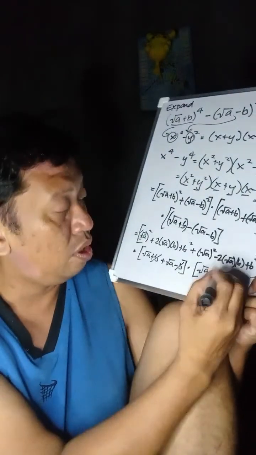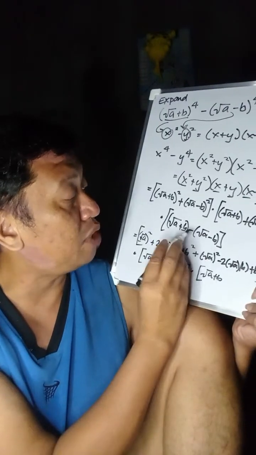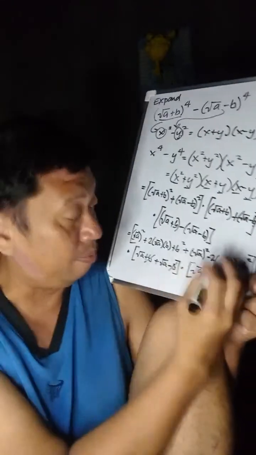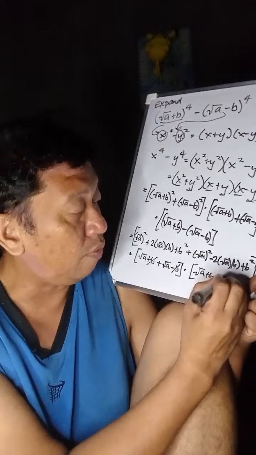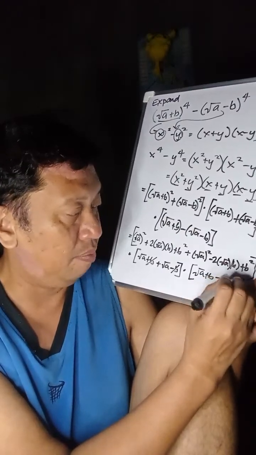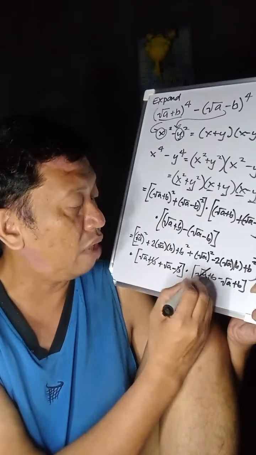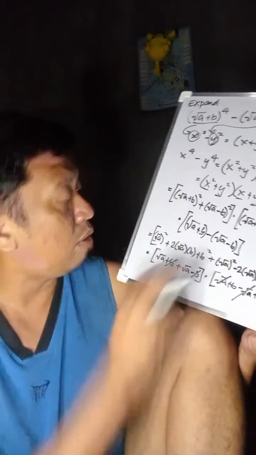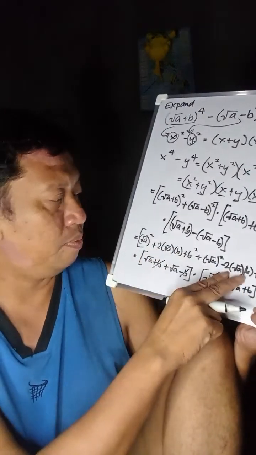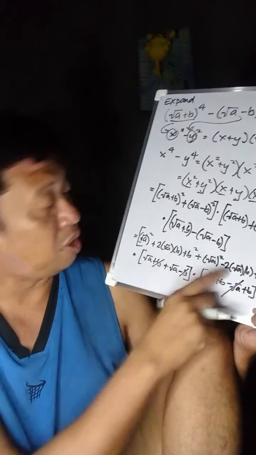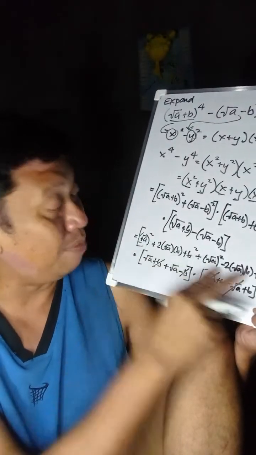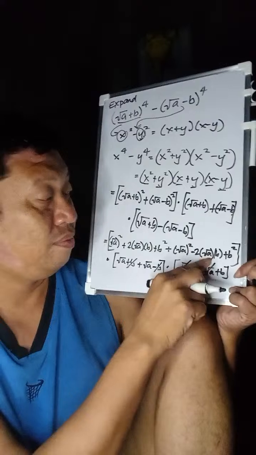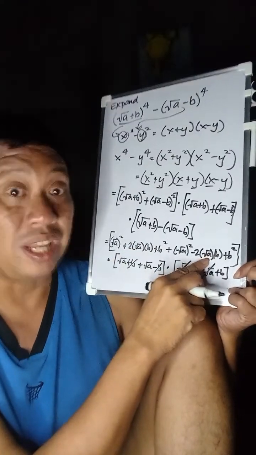Since this is preceded by a negative sign, these two expressions will change their signs. So you have negative square root of a plus b. The two square root of a's will cancel out, so you will have 2 b's left. Now, observe this expression. You may notice that this one is positive and this one is the negative of these same three expressions. So this 2 will cancel out.